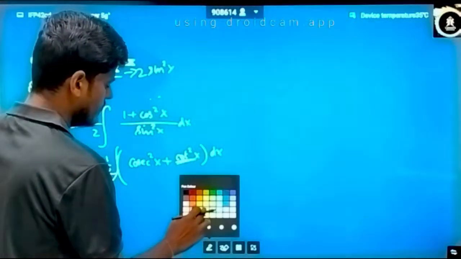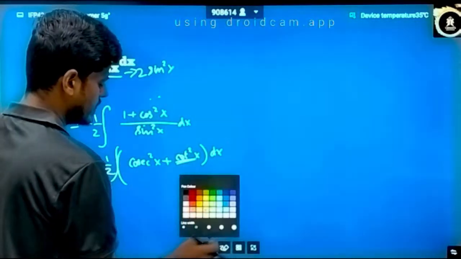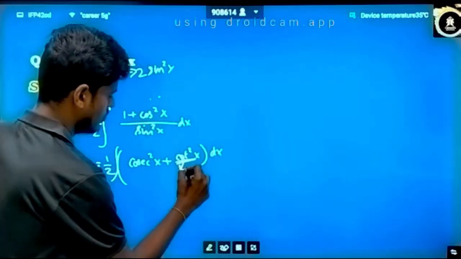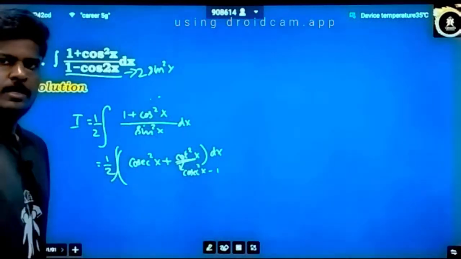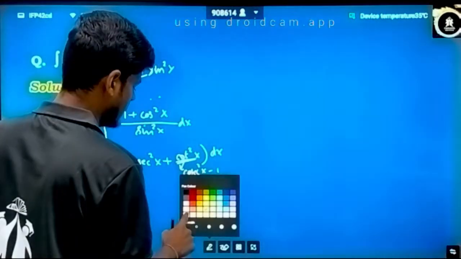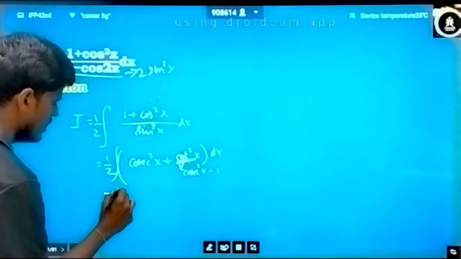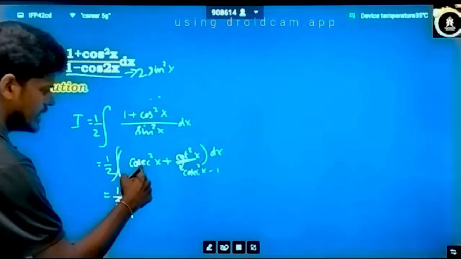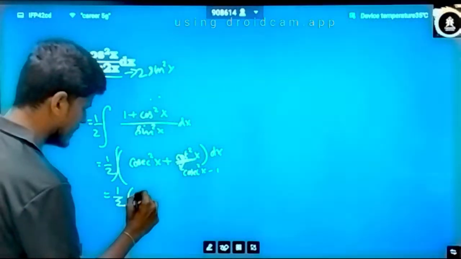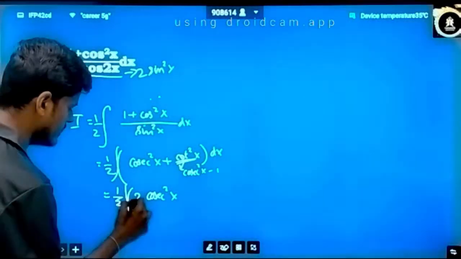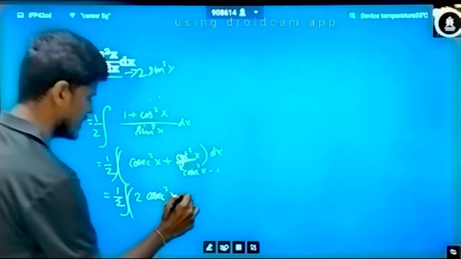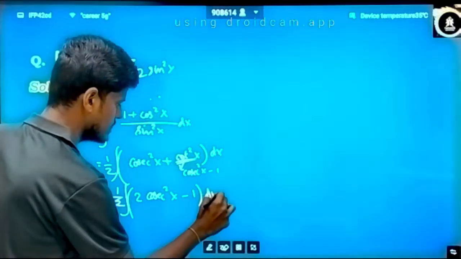Try to get this cot square in terms of a standard integral. And what is cot square? Cot square is cosecant square x minus 1. That means we can write this integral as half of cosecant square plus cosecant square, which becomes 2 times cosecant square, integral of 2 times cosecant square minus 1 dx.